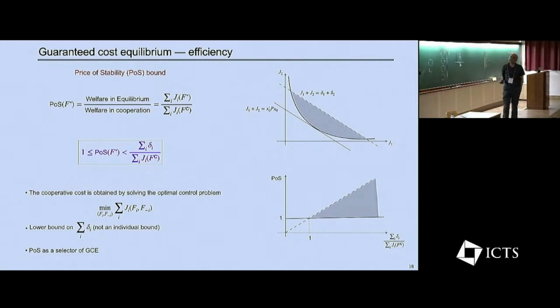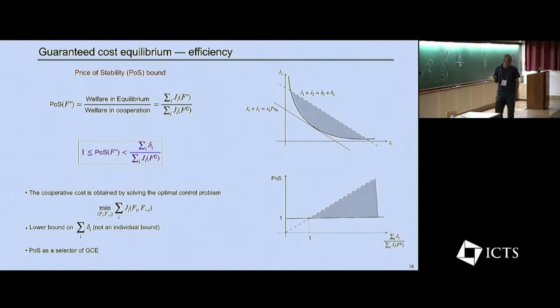That is, the summation of delta i must be greater than the total cost in cooperation. And if we have multiple guaranteed cost equilibria, we can also rank them using this POS measure. Those very close to 1 are preferred because they are more efficient, closer to the cooperative outcome.